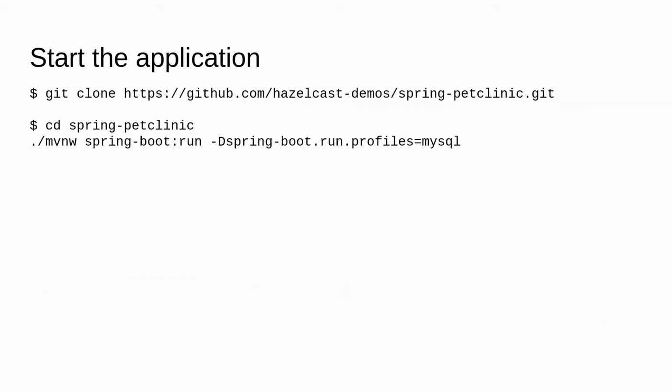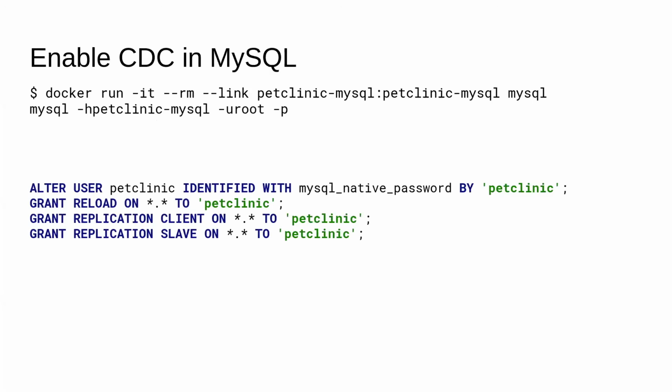Then we'll get the application, the Spring Pet Clinic, using just Git from GitHub, and start the application. The application will also create a schema inside the database, so it will create the tables and populate them with data. And then we will enable CDC in the database. It's basically adding some permissions to the Pet Clinic user, the user we use to connect to the database.